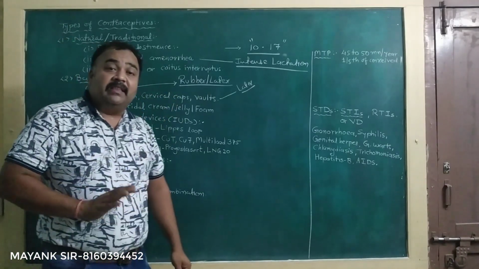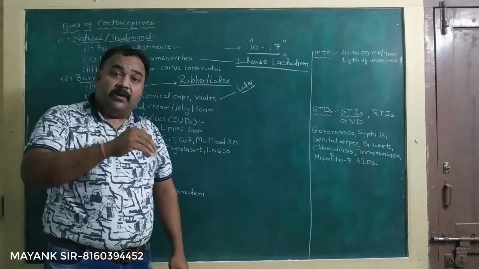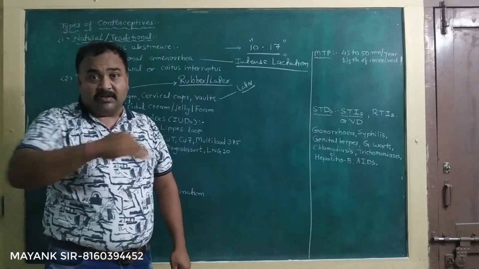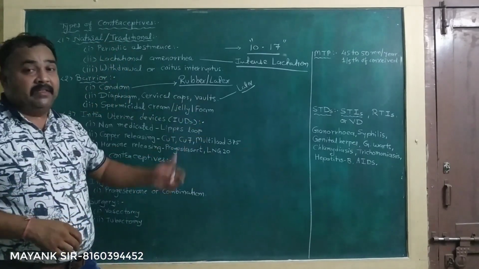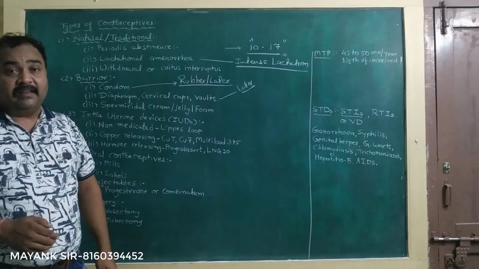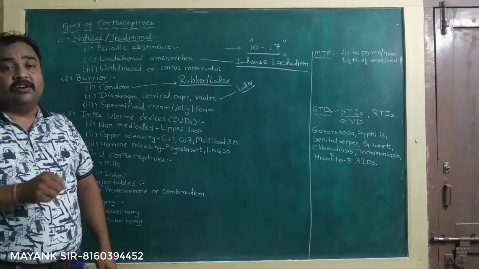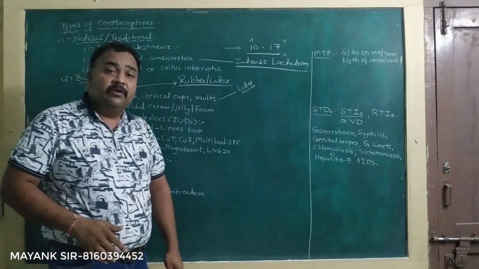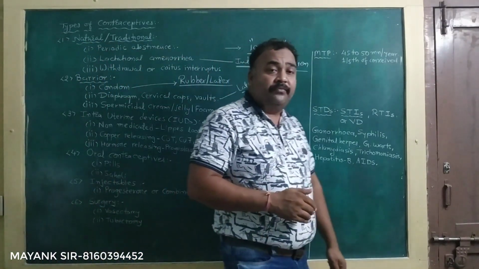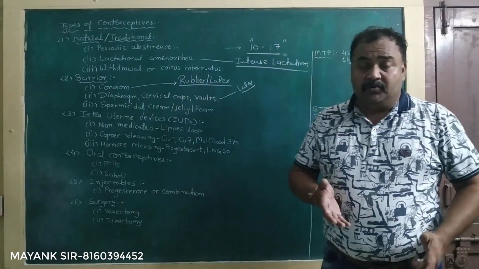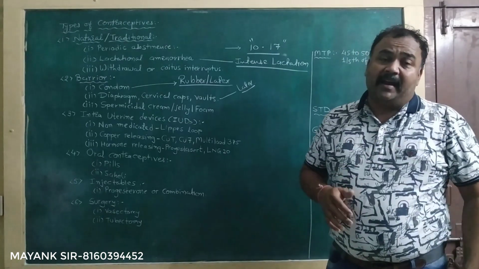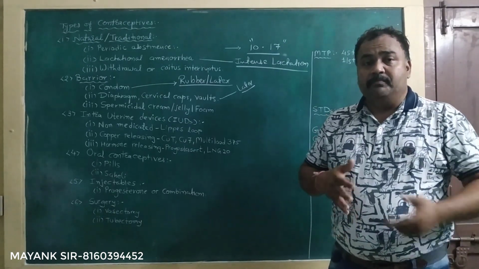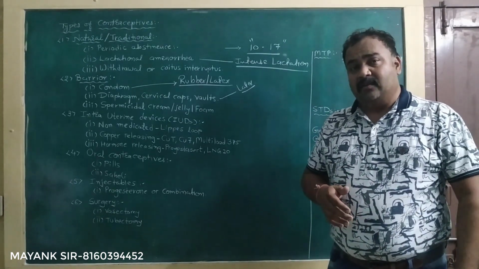They prevent the entry of sperms from the vagina into the uterus, because the cervical cap acts as a barrier at the cervix, so the sperms will not enter the reproductive tract of the female, that is the uterus or oviduct, and there will not be any chance for the sperms to meet the released ova.